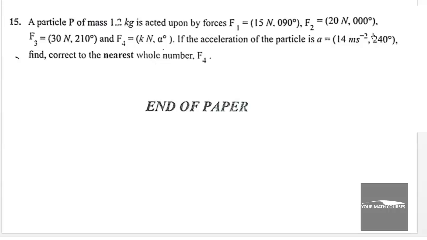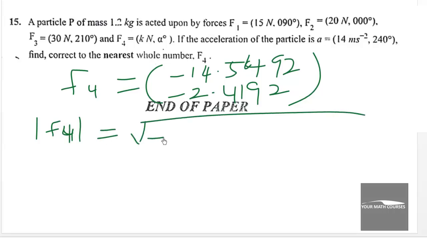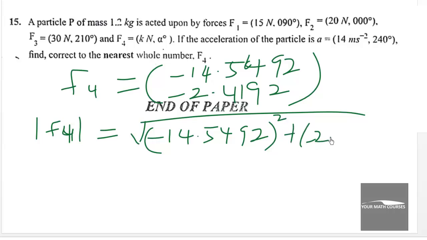So this is going to require that we find the magnitude of F4. So the magnitude of F4 will be equal to the square root of negative 14.5492 all squared plus negative 2.4192 all squared.